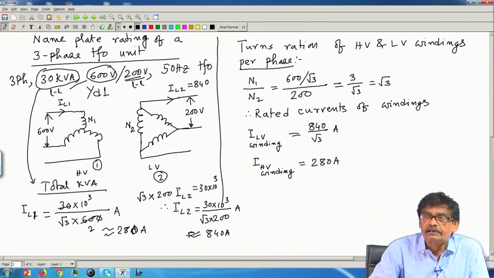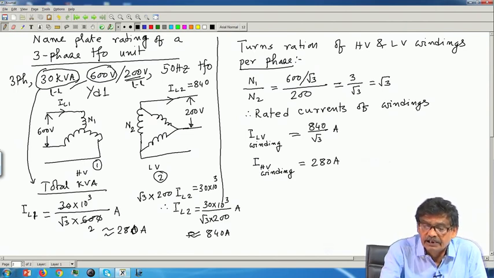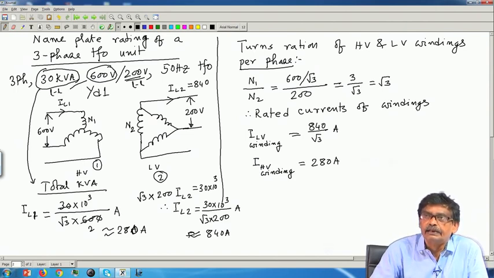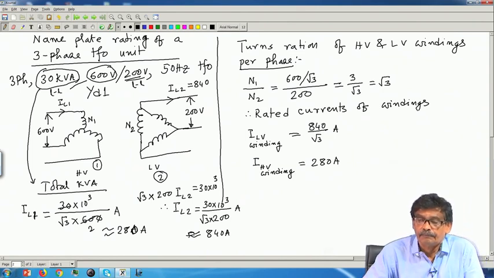Whatever voltage ratings are given are the line to line voltages of primary and secondary side. So, from that you will not be able to directly say what the turns ratio of the coils is, unless it is the same connection, that is star-star connection, where the turns ratio will be the same as the ratio of line to line voltage.